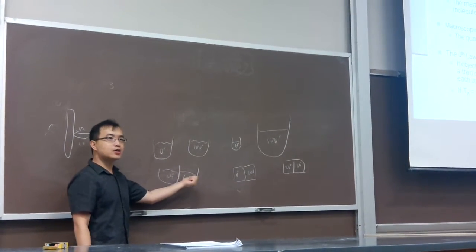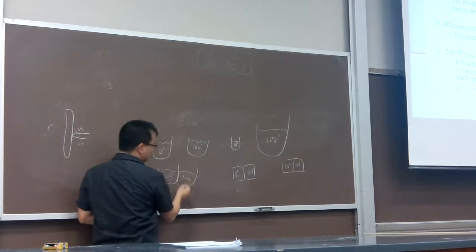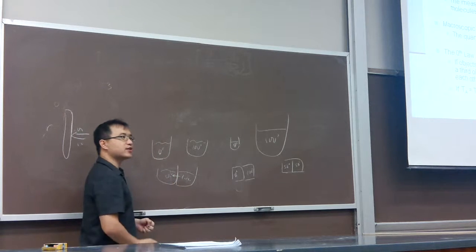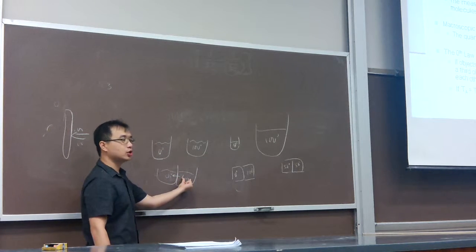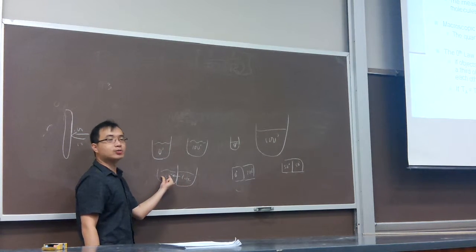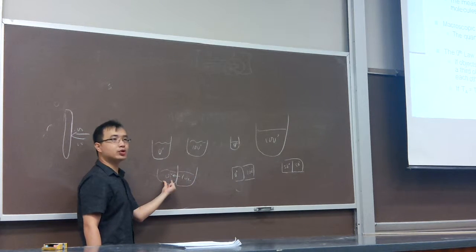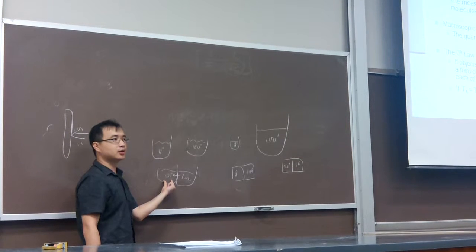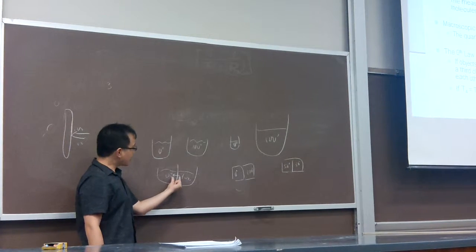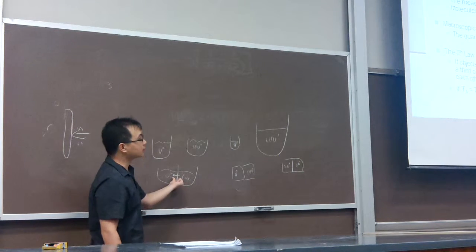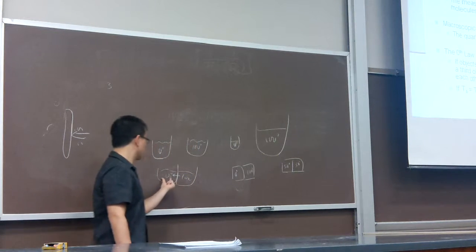So during this process there is energy transfer from the high energy object to the low energy object, from the high temperature object to the low temperature object. This kind of energy transfer is called heat.